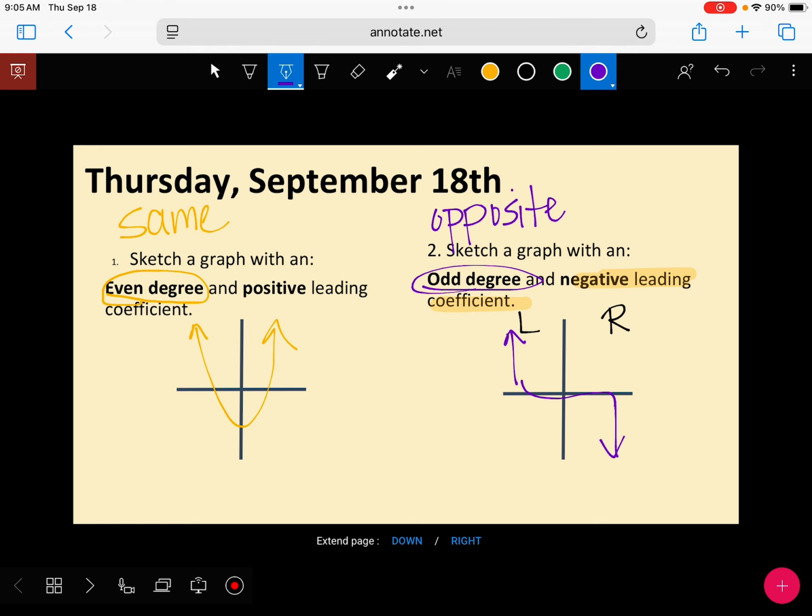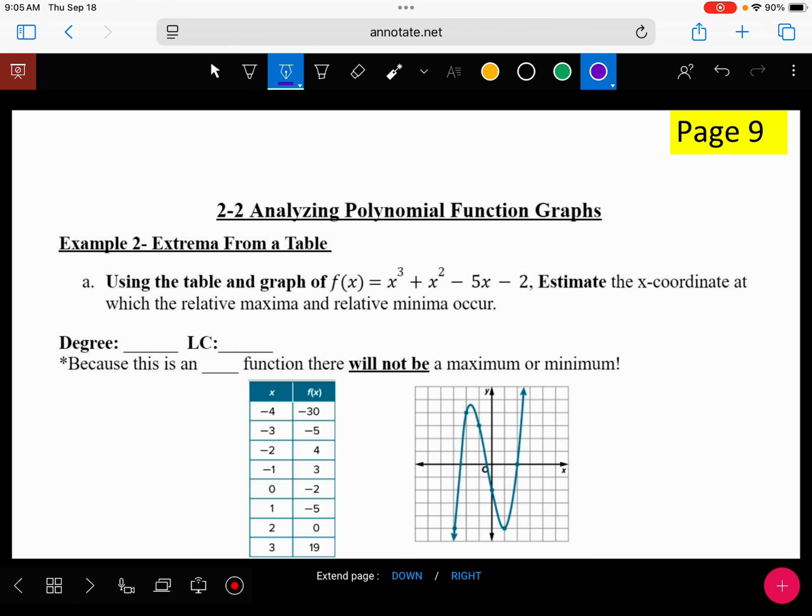So we're going to look at the table and determine a few things. The first one, we're going to determine where our relative max and mins are. So looking at this equation right here, this is the equation.